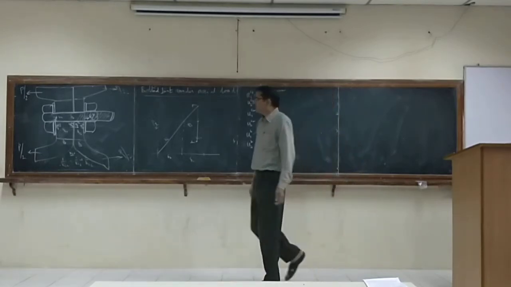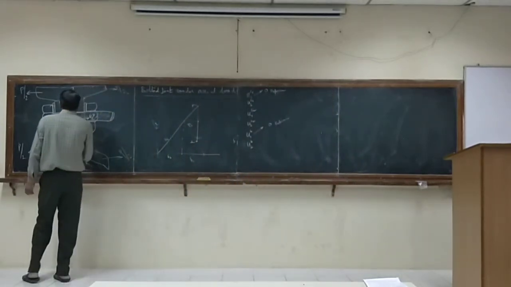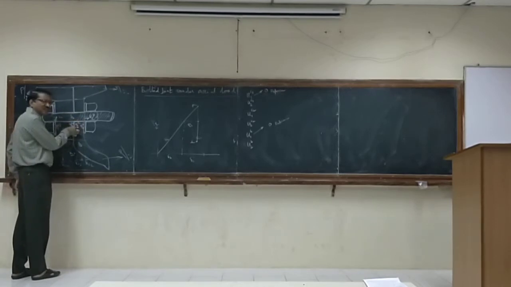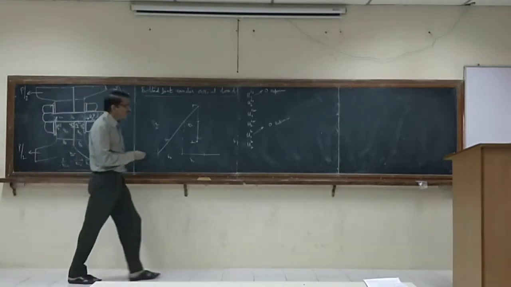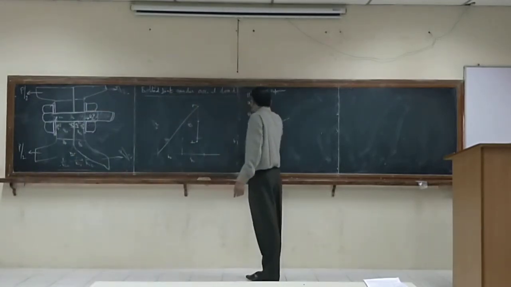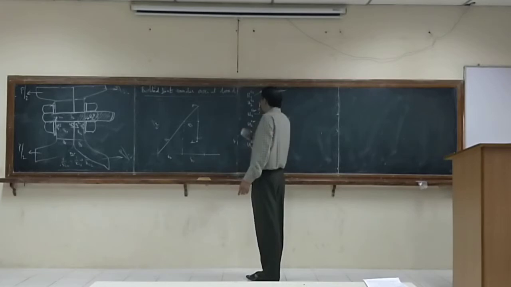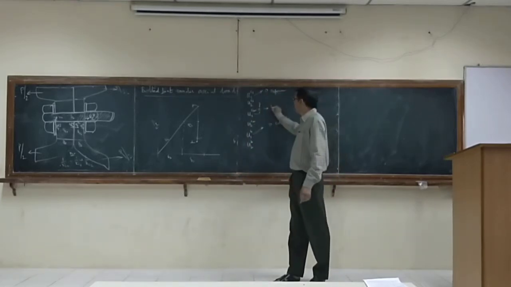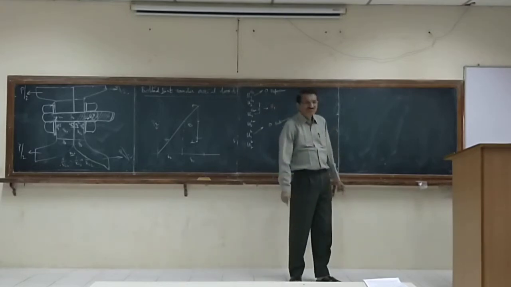In between the components, can you see any compatibility here? Continuity condition here, both the faces must have the same displacement, so these two are equal. We can say this is a single coordinate. Let us give the name 1 for this.